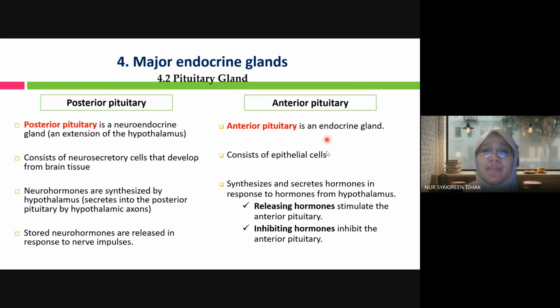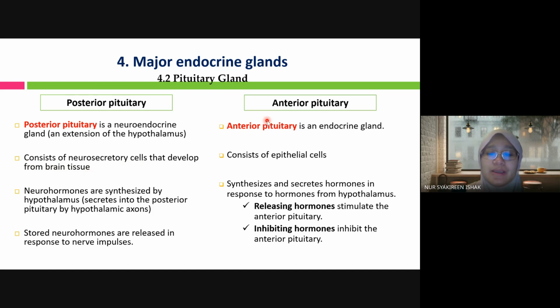And then the anterior pituitary is only an endocrine gland. So it doesn't require the hypothalamus to send impulses for it to secrete hormones. All right, and the posterior consists of neurosecretory cells that develop from brain tissue.